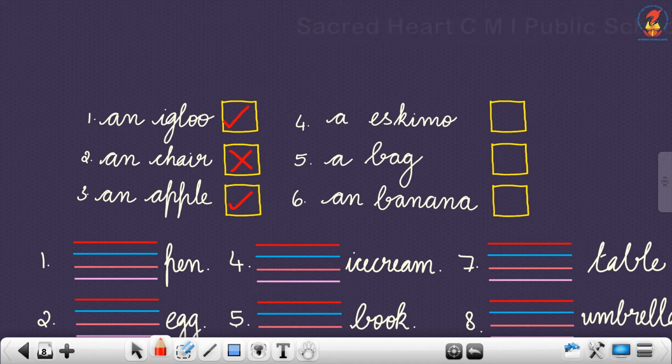Here it's beginning with the letter E. The letter E, is it a vowel or a consonant sound? It is a vowel sound. So before a vowel sound you should write the article an. But here I have given a. So is it correct or wrong? It is wrong. So you should put a wrong sign.